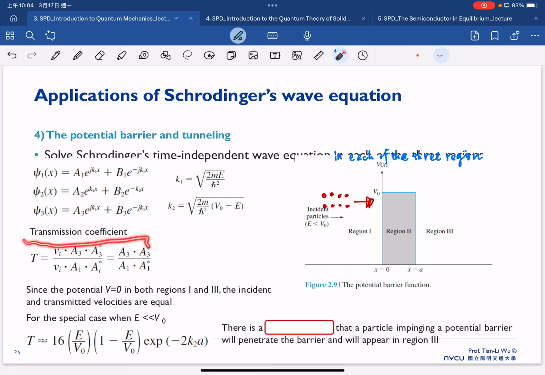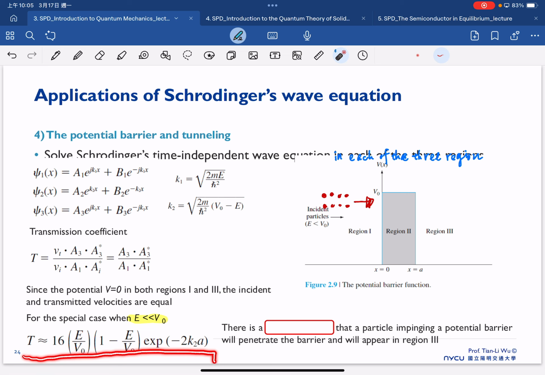Since the potential V is equal to 0 in region 1 and region 3, the incident and transmitted velocities are equal. We also consider the special case where our energy is much smaller than V0. Then we can derive this equation. This is the transmission coefficient.